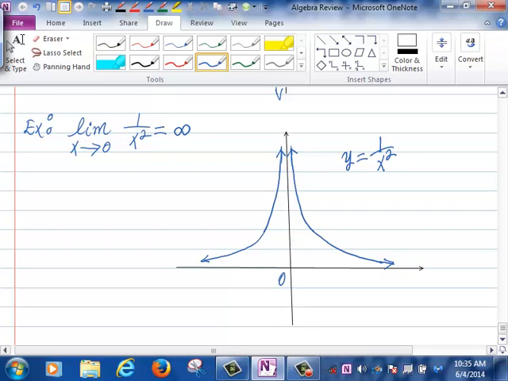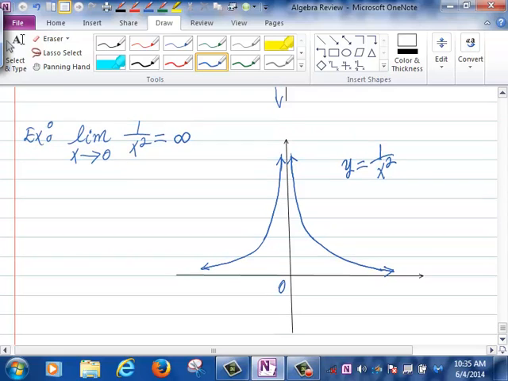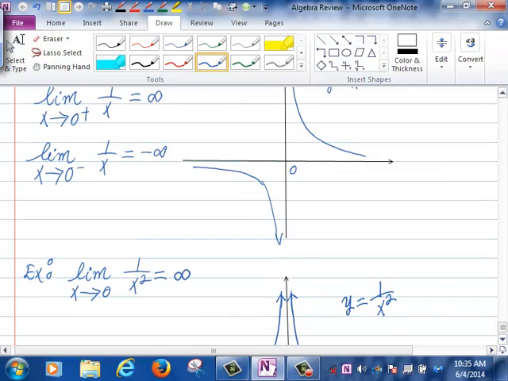Now, notice that in both cases, let me talk about the first case. In the first case, what is happening? The denominator is getting closer and closer to 0, right? First of all, notice that when x is close to 0 on either side of 0, 1 over x squared is always positive, right?